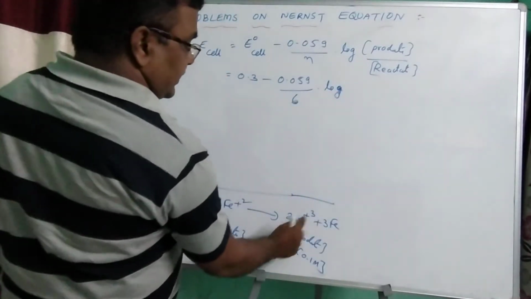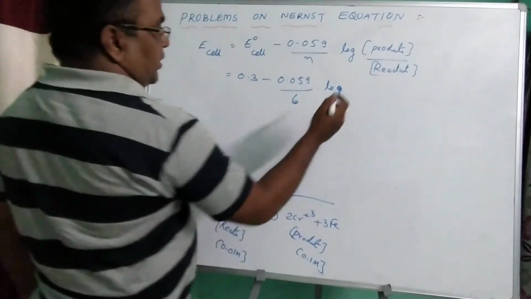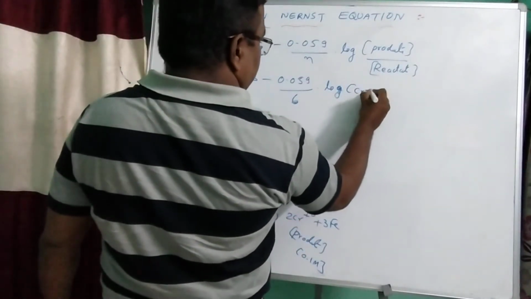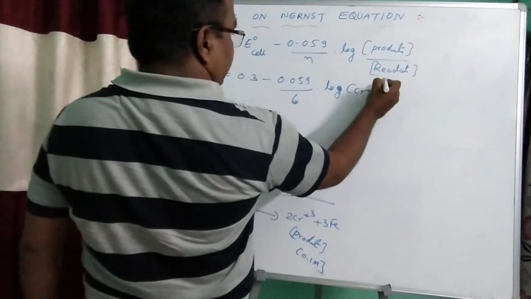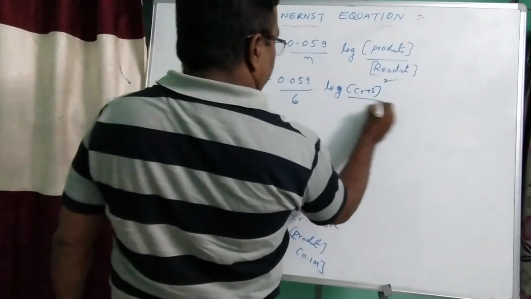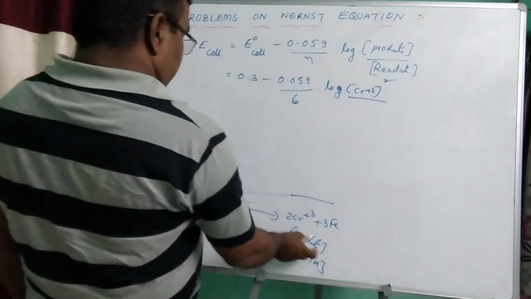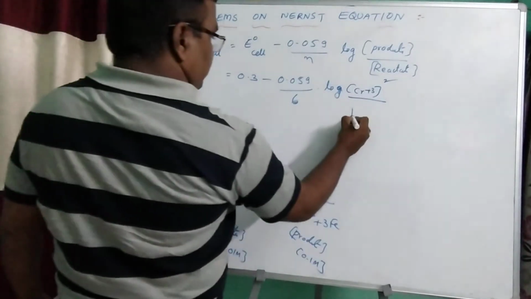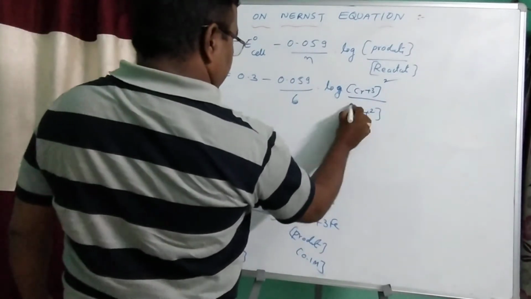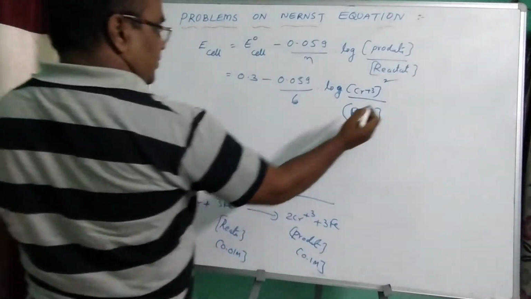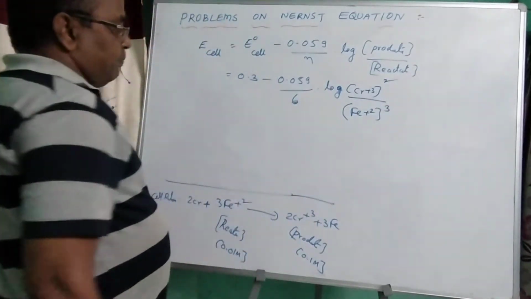Here the product is Cr plus 3, but there is a 2, so the 2 is converted to a square. The reactant is Fe plus 2, multiplied by 3, so it converts to a cube.